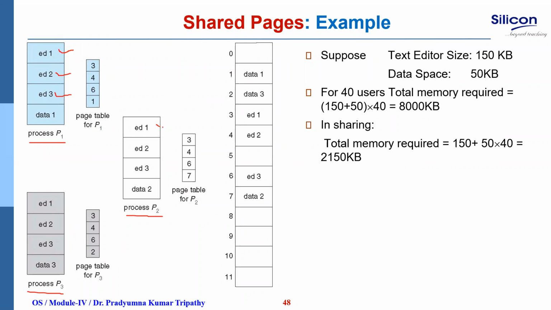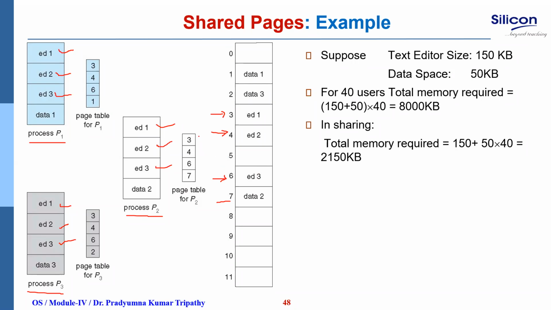Now, as all 3 are working simultaneously, ED1 is stored in frame number 3, ED2 is in frame number 4, and ED3 is stored in frame number 6. 3, 4 and 6. Correct?